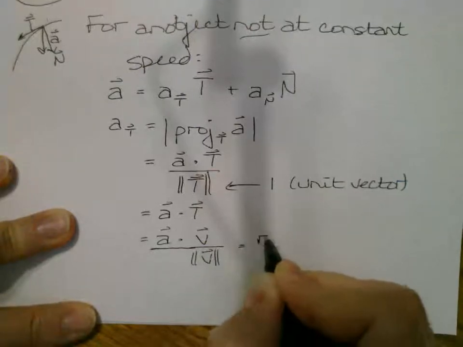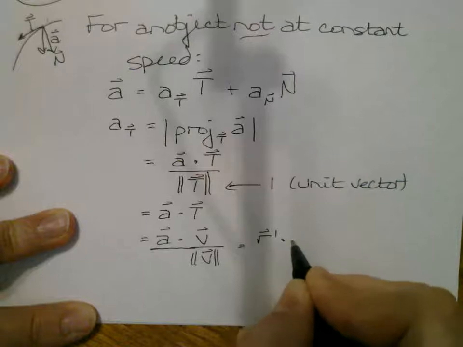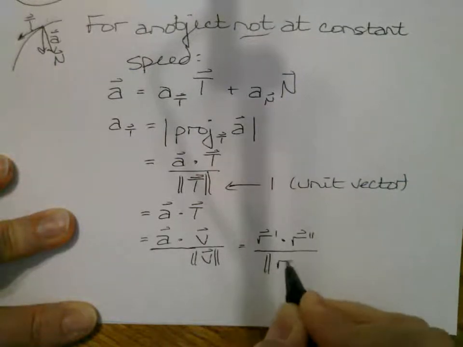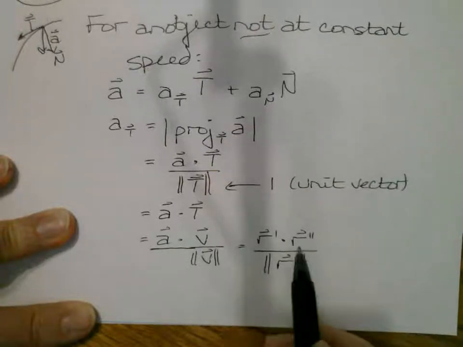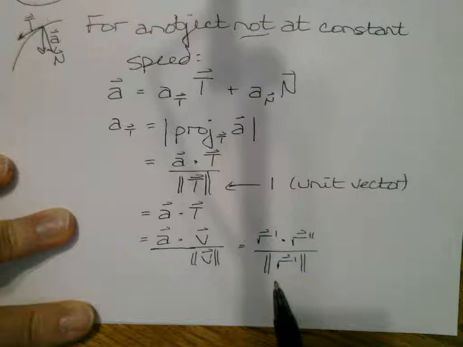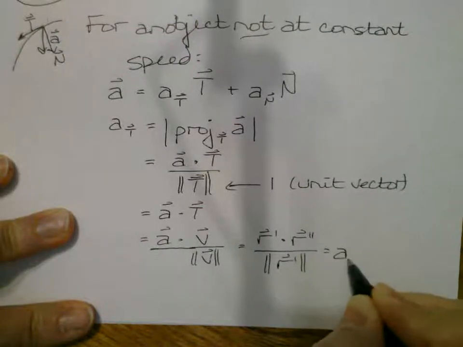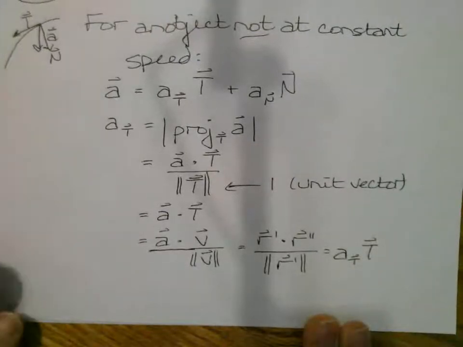So this is r prime dot r double prime divided by the magnitude of r prime. So the dot product of the velocity with the acceleration divided by the magnitude of the velocity. And that's the tangential component of acceleration.